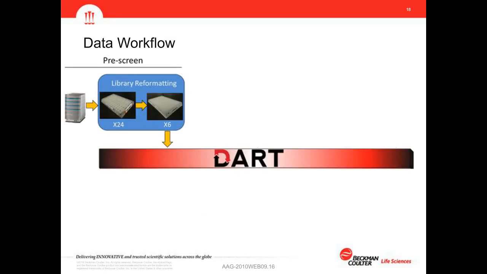So the data workflow on our screen, Mike will go into here. Yep, so sticking with the idea of focusing on importing data, the main piece of data we needed to import was our library information. We did receive a CSV file from the manufacturer, Sigma, basically indicating what microRNAs were present in which wells of the original 24 or 96 well plates, as well as sequence information, accession numbers, etc. And so we were able to, within the Biomek software, import that information and apply it to those original 24 well plates and link it to those barcodes.